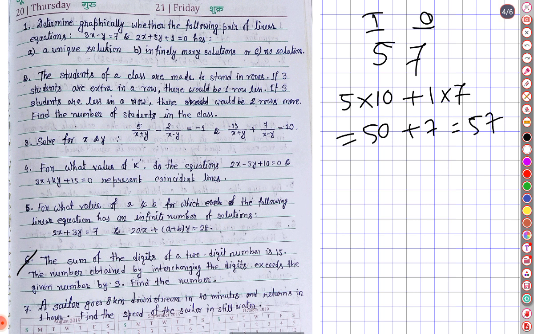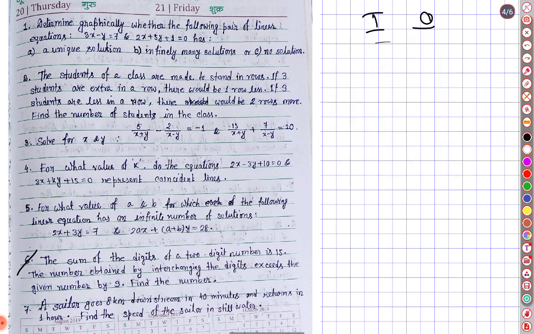So here the condition given is that in a two-digit number, the sum of the digits is 15. Suppose you take the tens place as x, then the ones place is 15 minus x.